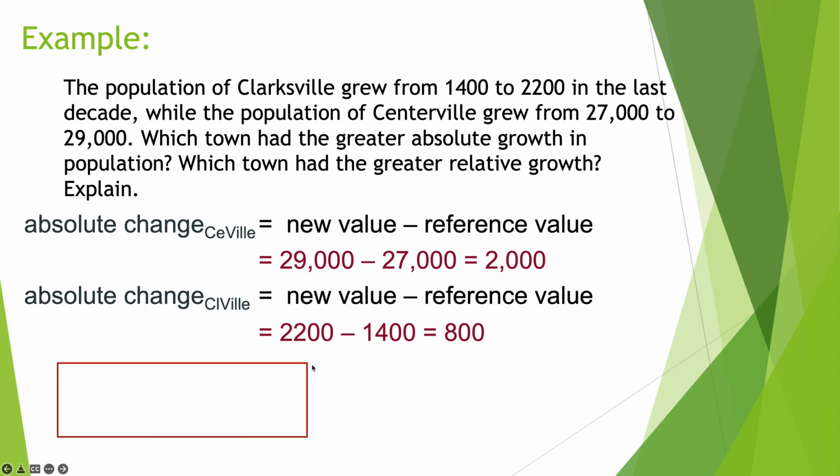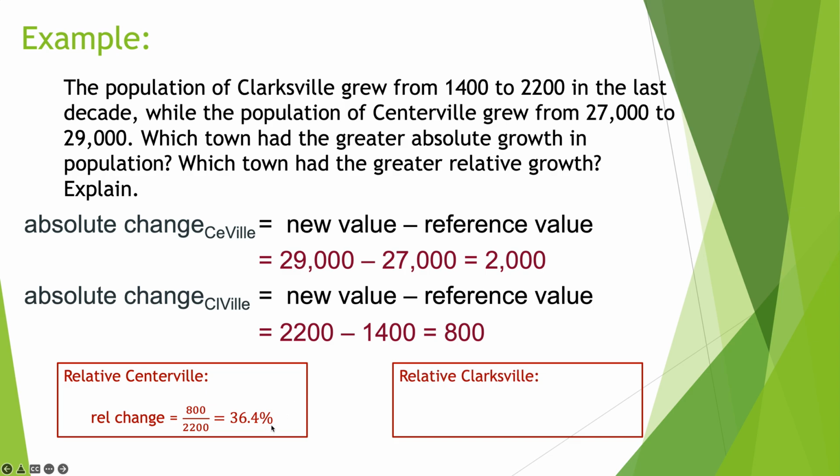For the relative change, the relative for Centerville would be the absolute change, which is 2,000. Oh, I'm sorry, we're doing Clarksville. The Clarksville change is 800 over the 2,200 they started with, which is 36.4%.